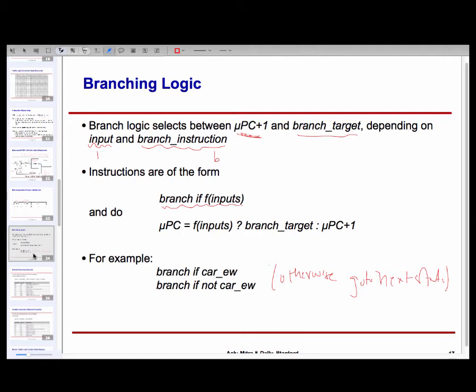So let's back up. Let's say I want to implement this kind of logic. I'm in a state. If car east west is false, I stay put. If car east west is true, I move to the next state. So I'm in a current state.